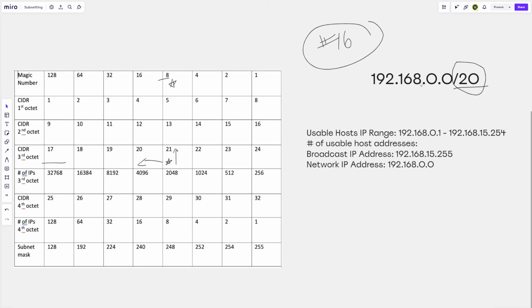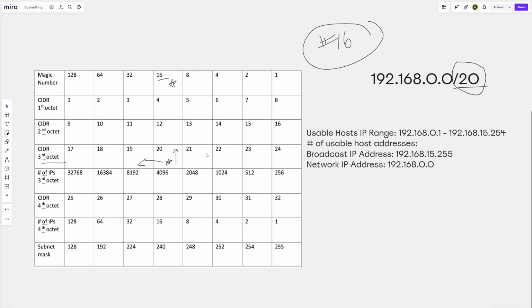Magical. So let's go back to 20. The CIDR was 20, and we got 20 on the chart. We're going to take ourselves down south and find the subnet mask, which is the last row here. It says 240 is our subnet mask.